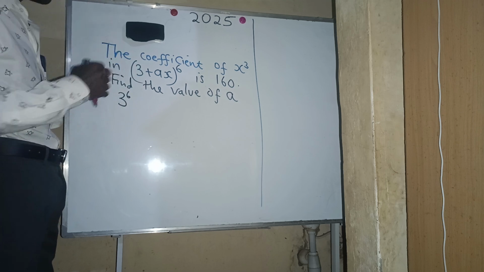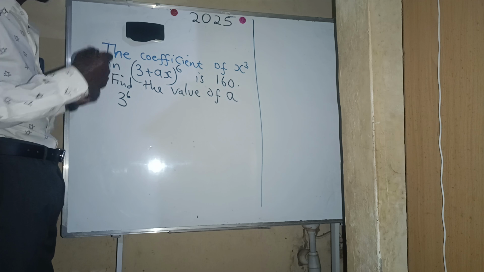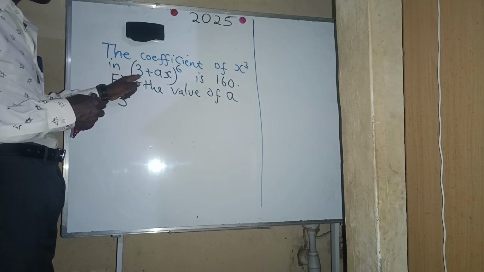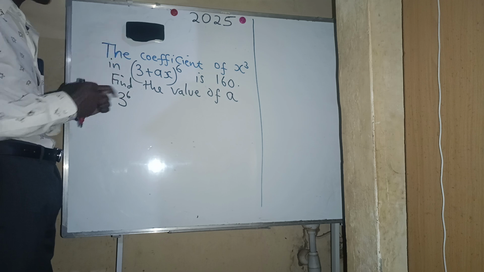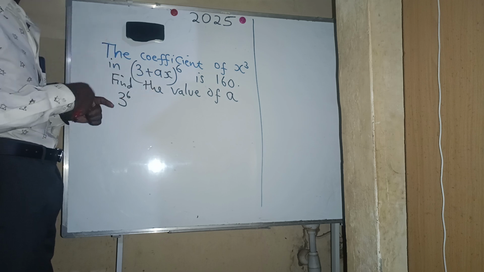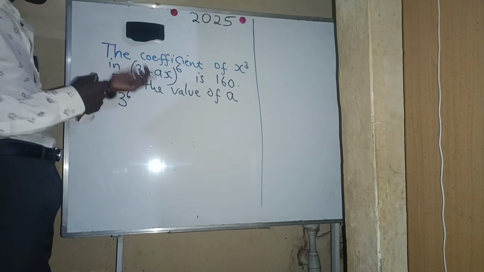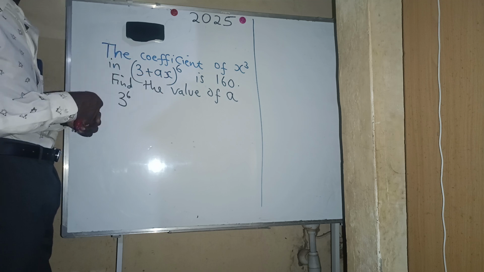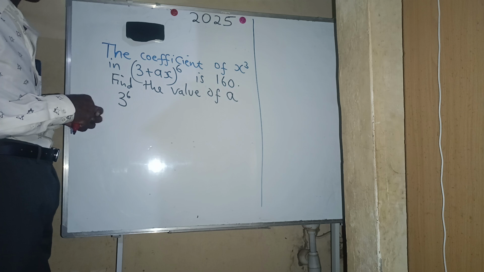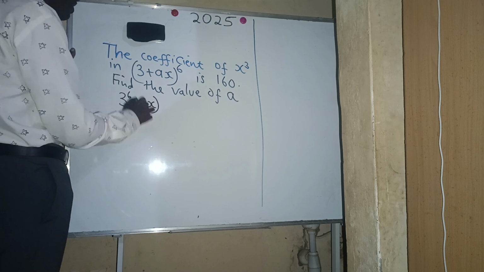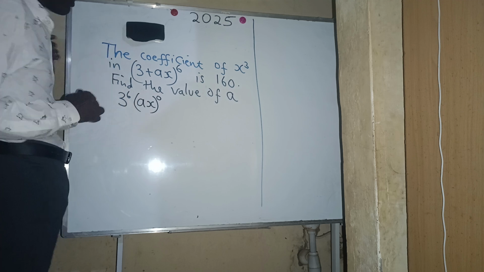And of course, in binomial expansion, we always have the first part of that expression raised to the highest power that we're supposed to use in our expansion. Then the second part of that expression has to be raised to the lowest power. So I'm going to have ax raised to 0.